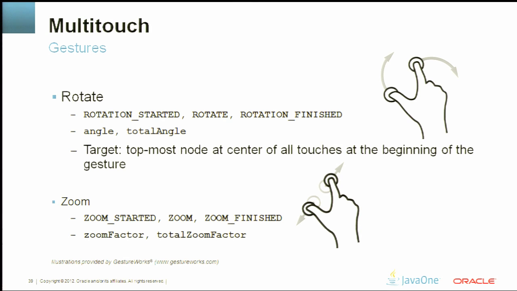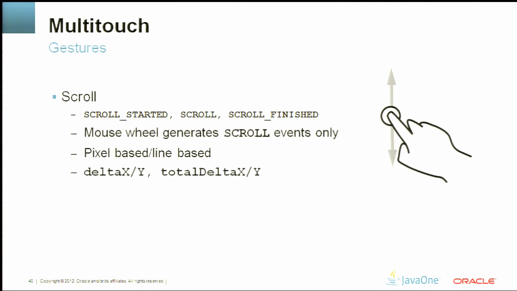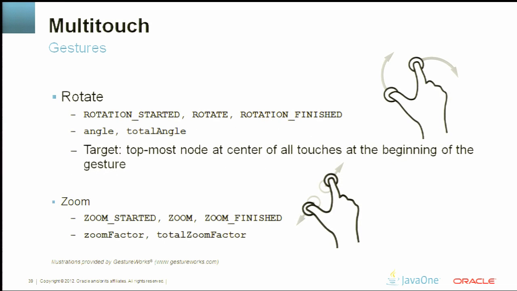Okay, then there's zoom, used for zooming. You will get a zoom factor from it. And then scroll. Scroll is kind of special because if you do it on a touch enabled device, you will get scroll started, then several scroll events, and then scroll finished. It's actually the same with rotate and zoom.